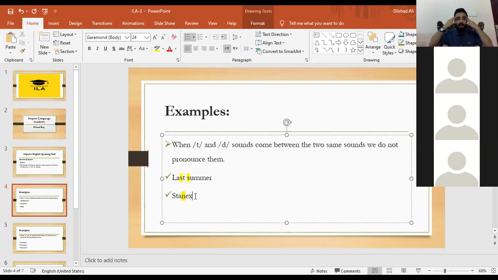I understand. So many students said, teacher, what you are saying is great, but when I'm speaking with a friend or with another teacher, I cannot think that I have D or T at the end, or other rules.